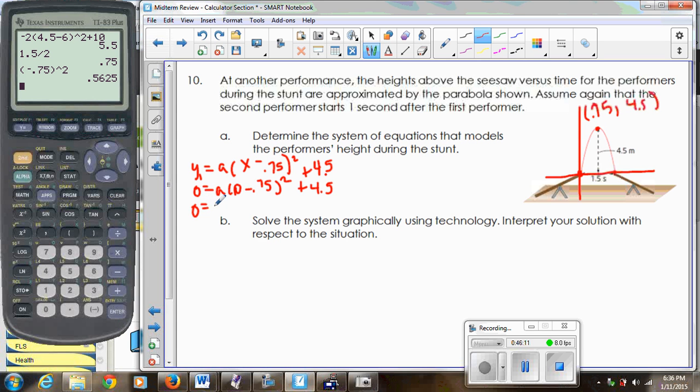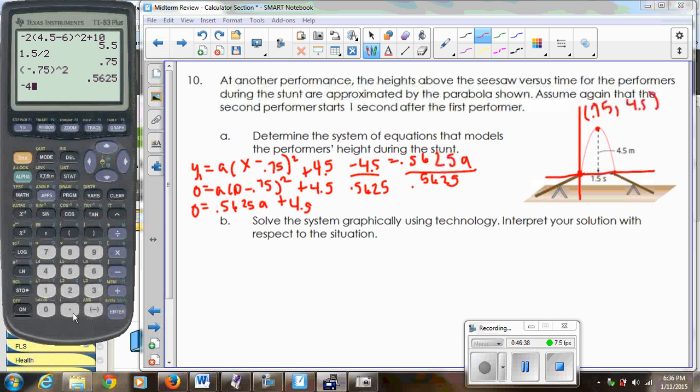And so I get 0 is equal to, so this is just the coefficient of A, so it's going to be 0.5625 times A plus 4.5. If I subtract 4.5 from both sides, I get negative 4.5 is equal to 0.5625A. And if I divide both sides by 0.5625, I should be able to get the value of A.